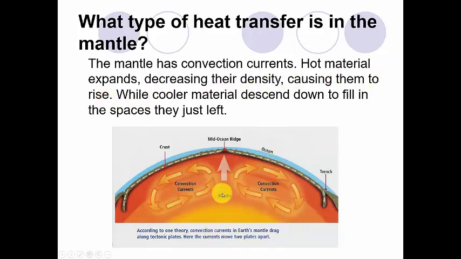The hot material down here near the core, the mantle that's near the core, is hot. It expands, it's less dense, and then it rises to the top. It's rising right here. Then cooler material that's up top in the upper mantle, nearer the crust, descends, falling down to fill the space that's just been left. So they're making convection currents like this.